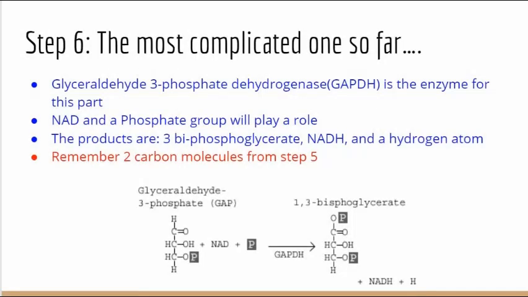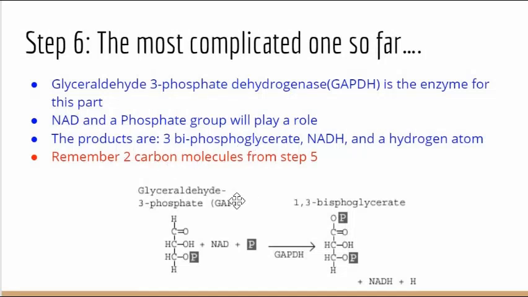Alright, and then in step 6, which is a very complicated step, we have this enzyme called GAPDH. For this part, GAPDH essentially lets NAD take hydrogen off GAP. This leads to the formation of NADH, and then the phosphate group reacts with GAP to get 1,3-bisphosphoglycerate, and a hydrogen atom is the result.